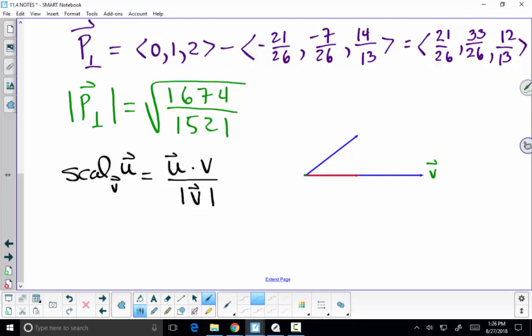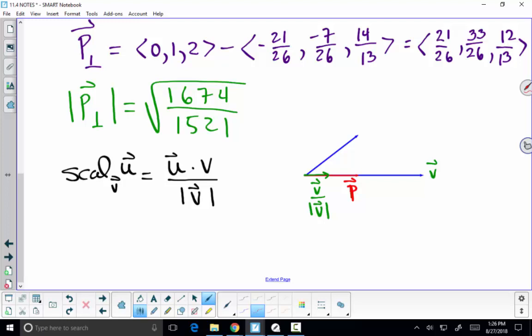And then there's a unit vector that points in this direction here. That's going to be v divided by the length of v. And then vector p is right there. So we think of p as a scalar multiple multiplied by the unit vector right there.